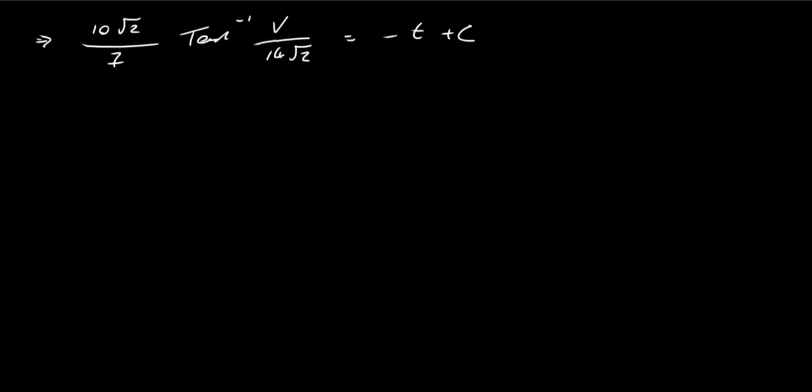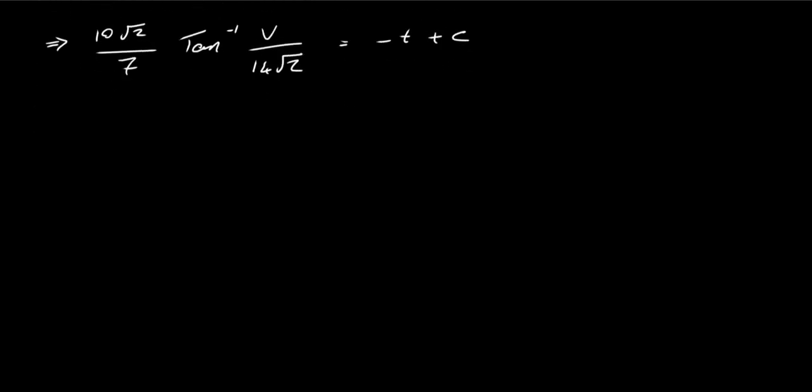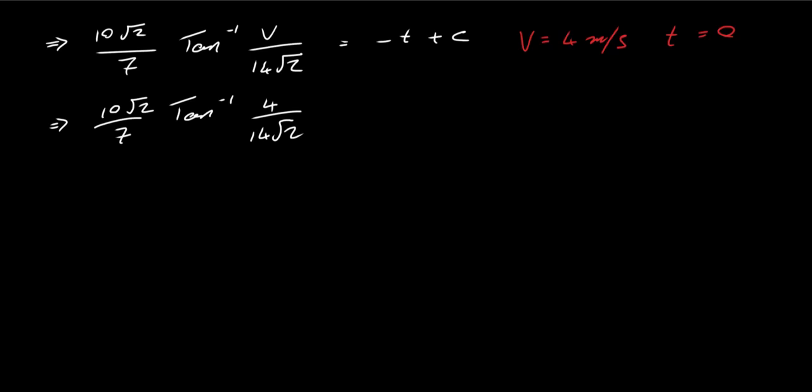Okay, so the next thing I'm going to do is just work out what c is. So we're told in the question that when v is equal to 4 meters per second, t is equal to 0. So we can just substitute those values in here. So you've got 10 root 2 over 7 tan inverse of 4 over 14 root 2 is equal to, well, t is 0, so we just have c here.